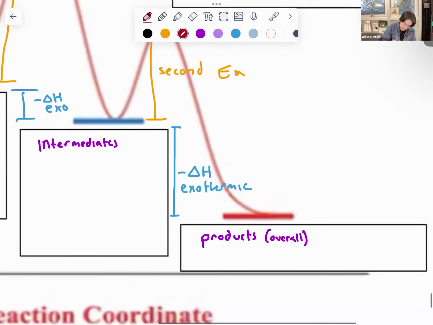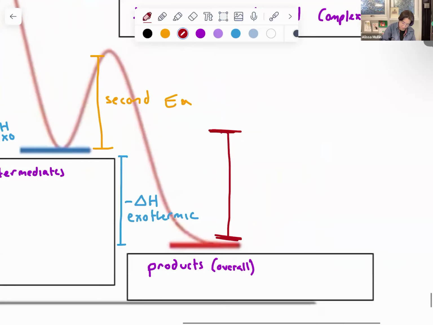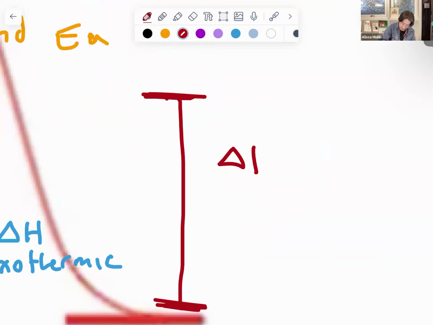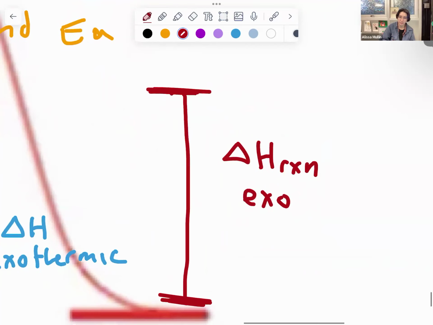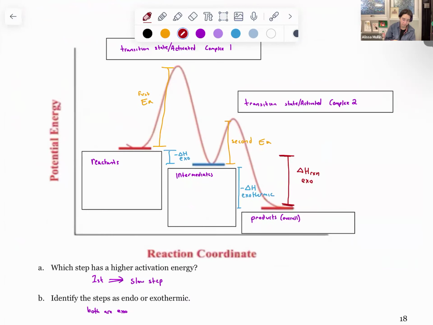From our reactant energy level, which would be here, to our product energy level, which would be here, that's our reaction change in energy, which would also be exothermic in this case because it's gone down. Those are all things we could infer from this graph.